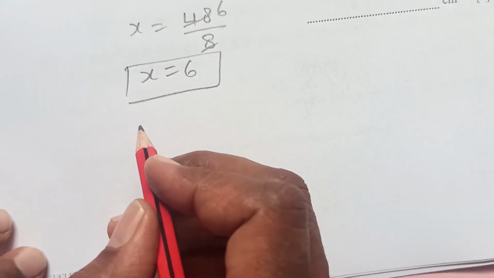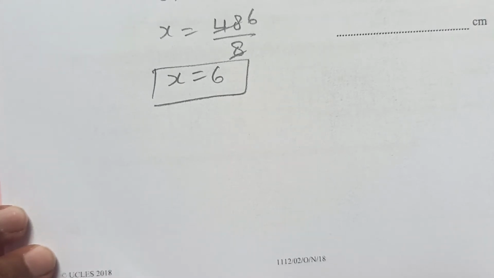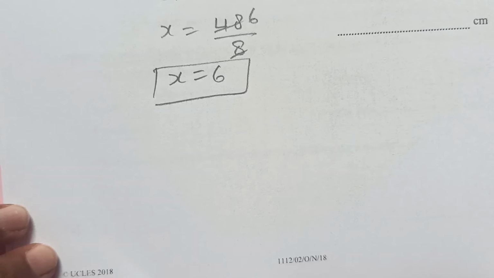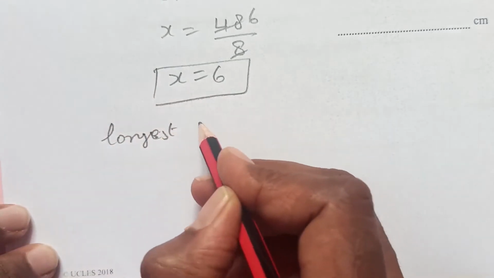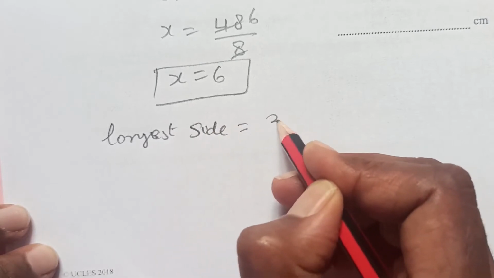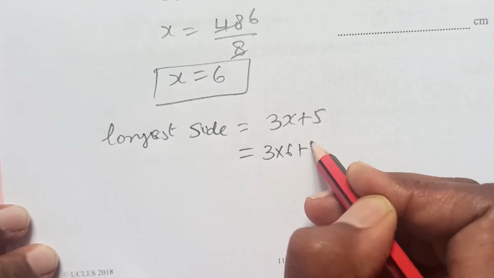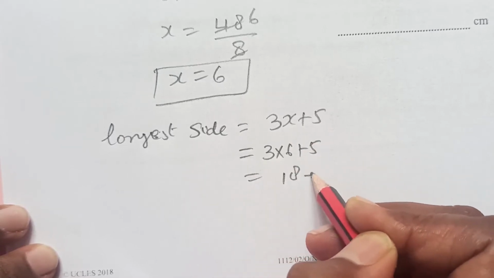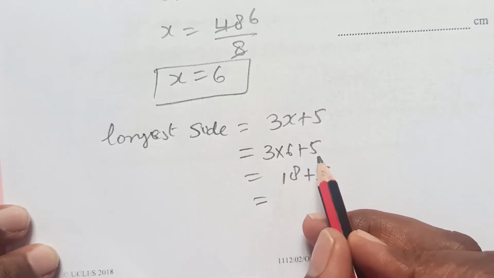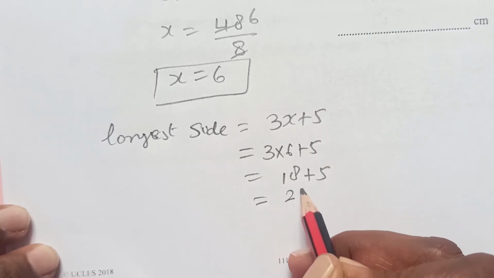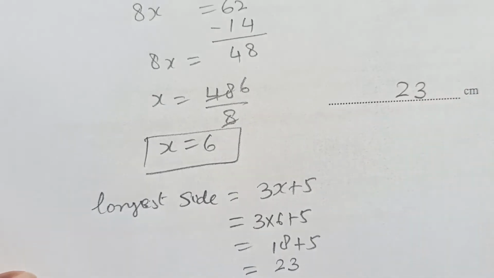The longest side is equal to 3x plus 5. Just replace x by 6. 18 plus 5 is 23, right? So the answer is 23 centimeters.